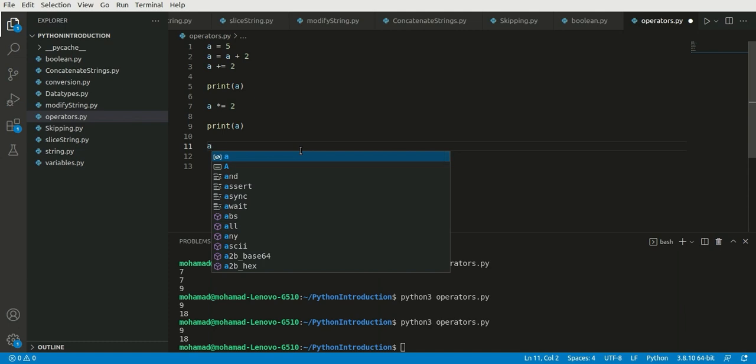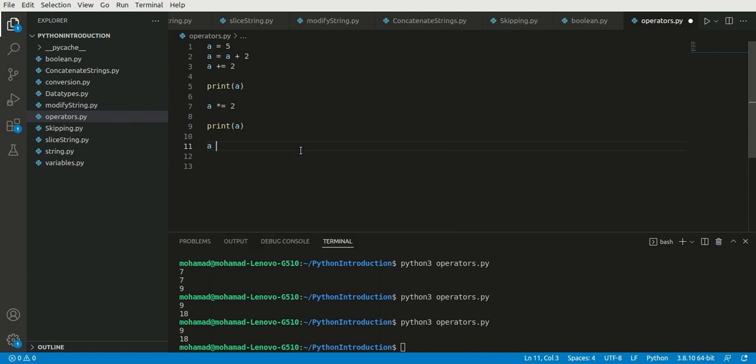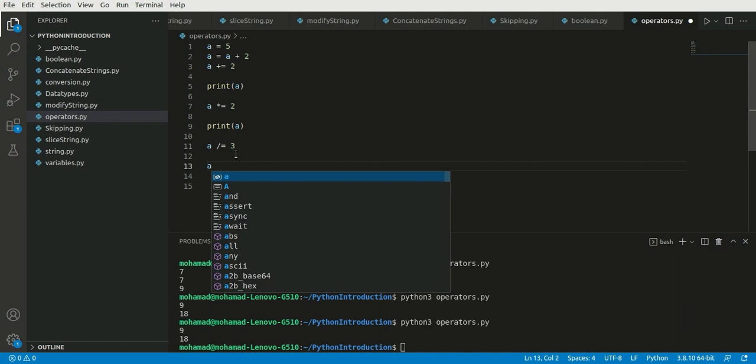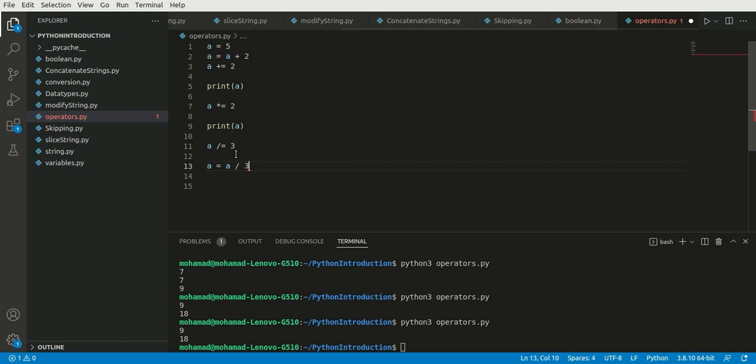So if you want to divide A by 2, let's here use 3 instead of 2 because we've used 2 a lot. So if you want to divide A by 3, you can write A divided equals by 3, or you can write A equals A divided by 3, and these two are equivalent to each other.